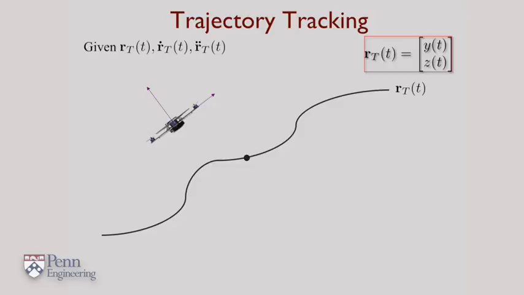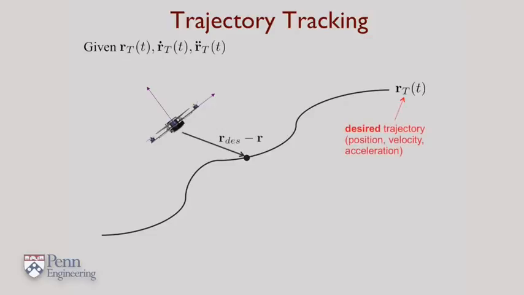Let's also assume that this function is differentiable. We can calculate the velocity and differentiate it again to calculate the acceleration. We're interested in taking this vector r desired minus r and reducing it to 0. R desired being the point on the trajectory that we want to follow, and r being the current point.